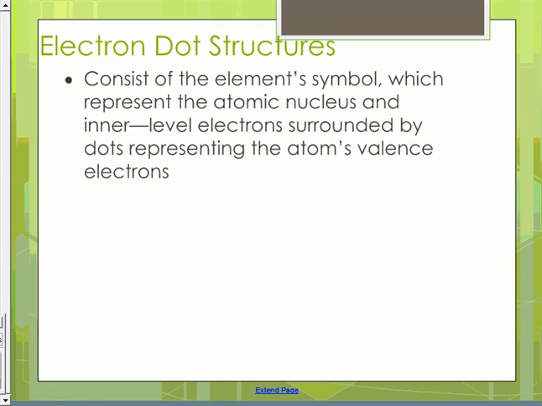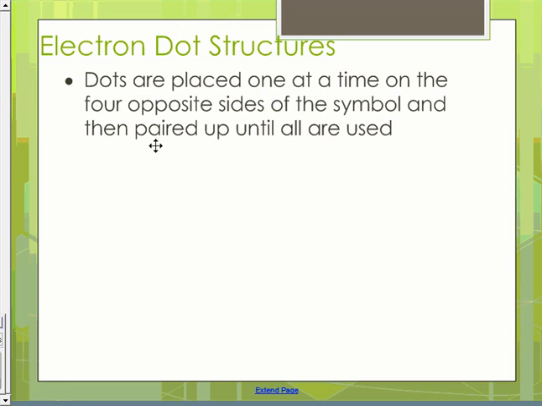So you need to know how to do electron dot structures, and we just simply represent those valence electrons with dots. So the dots are going to be placed one at a time around the 4 opposing sides of the symbol.